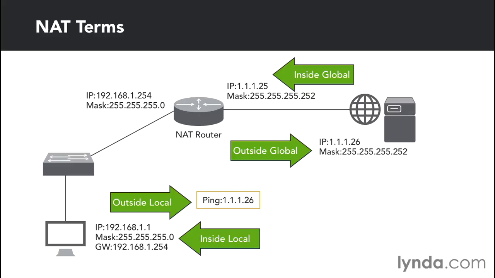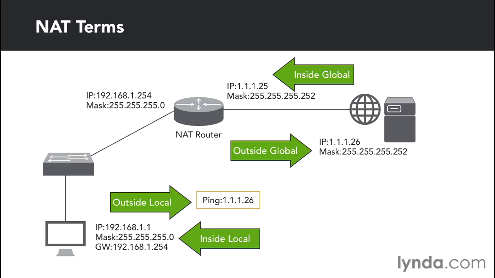You would know what to answer. Just keep in mind, before the NAT router, they're local. After the NAT router, they're global. Your inside local are the private addresses of your devices. Your outside local are the public addresses that you're trying to get to. So these are the NAT terms that you need to understand.